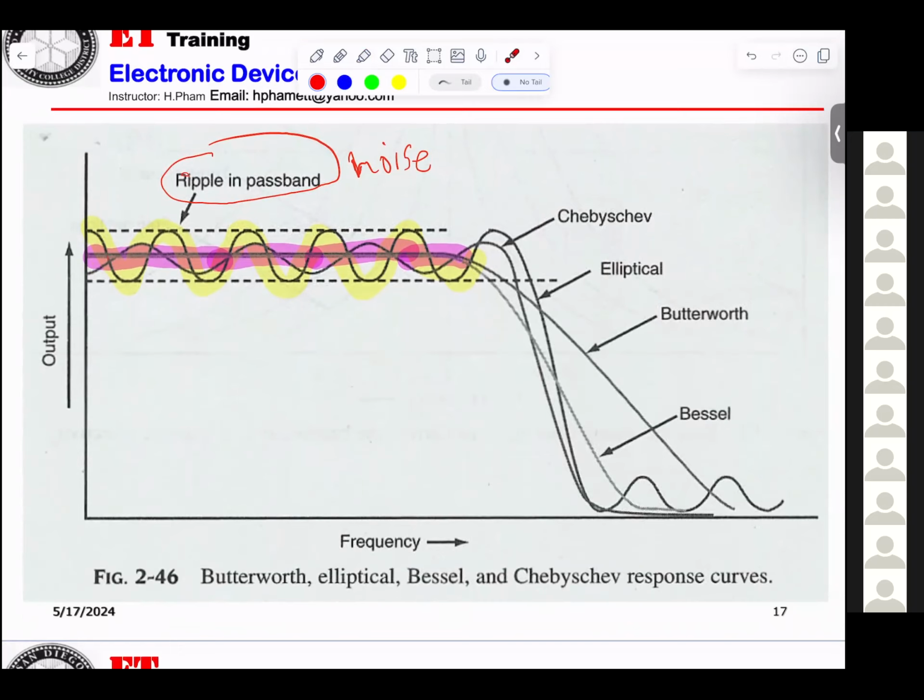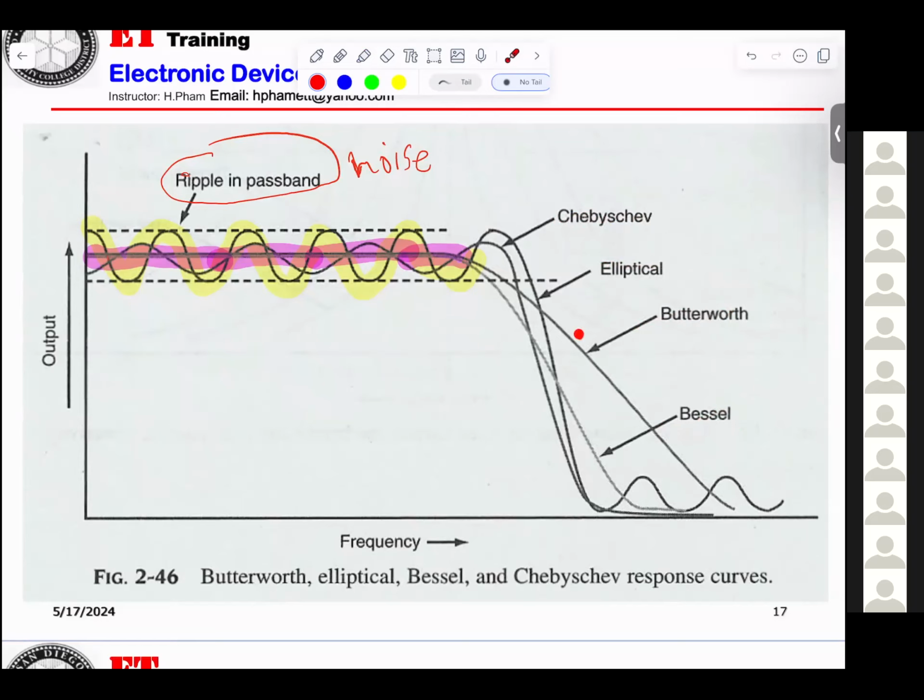Tell me which one you prefer. Bessel? Yeah, if you're looking into a different filter. Okay, I know which one you think is the best filter for your selection. Okay, either Bessel or Butterworth.